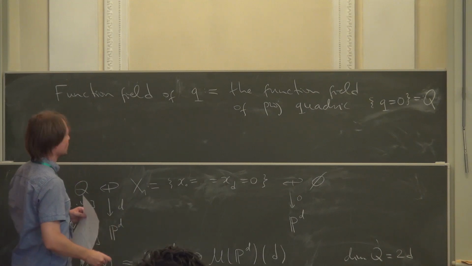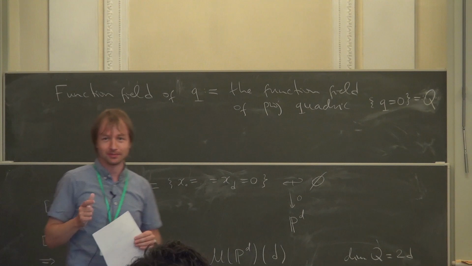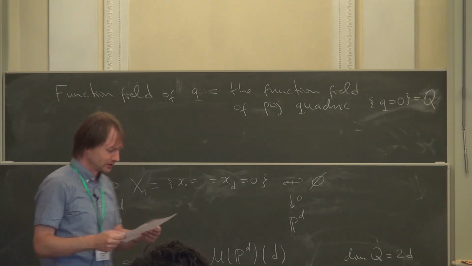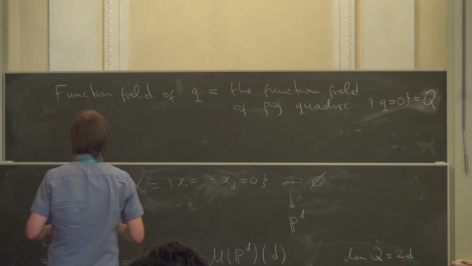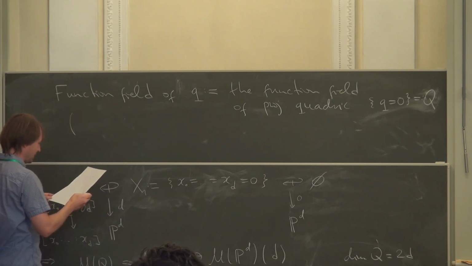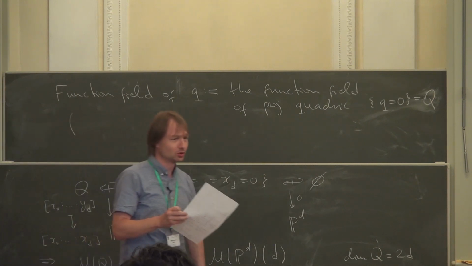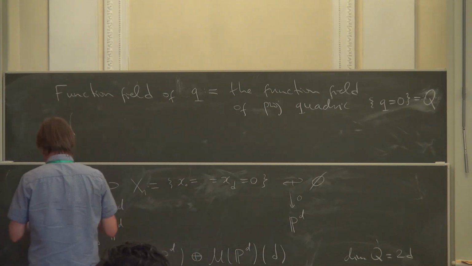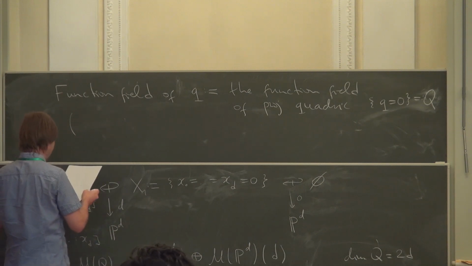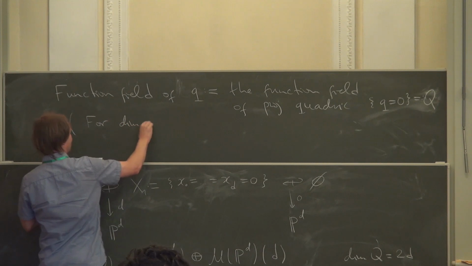Here one should be a little bit careful in the two-dimensional case, so maybe a small remark. Actually, for us it's not a problem because the dimension is usually big. But in the two-dimensional case there is one exception.